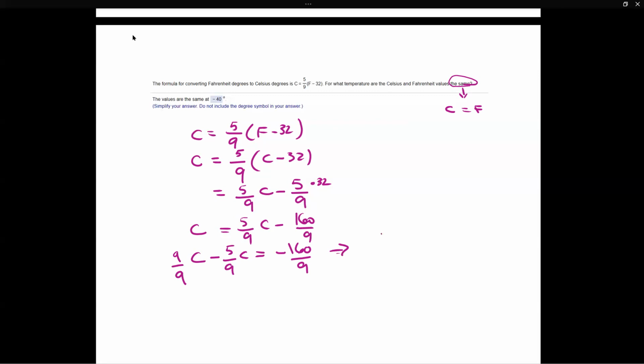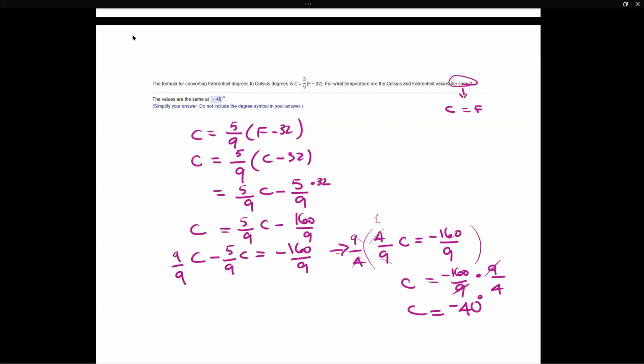So 4/9, and to get C by itself, we're going to multiply by the reciprocal because you want this to cancel out to have one C, right? So this with this and this with this, then it becomes one C. So C is -160/9 times 9/4. 9 with 9 cancels out, and 16 divided by 4 is 4. We have a 0, right?